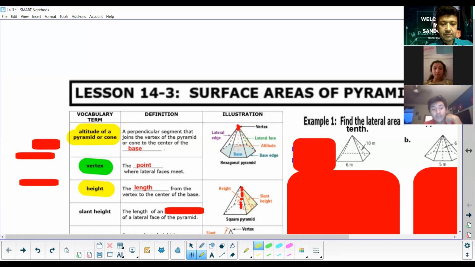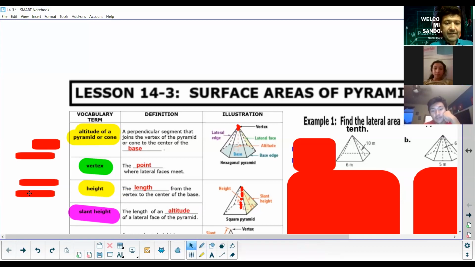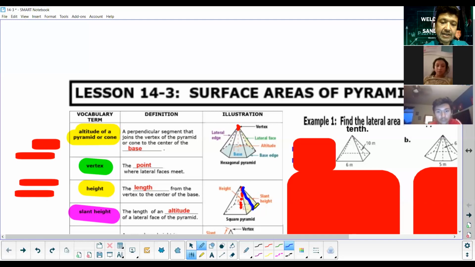Slant height. The length of an altitude of a lateral face of the pyramid. Now, one thing I really want to emphasize, because this term is very new for most of you, is that slant height is actually the length of the side of the face.